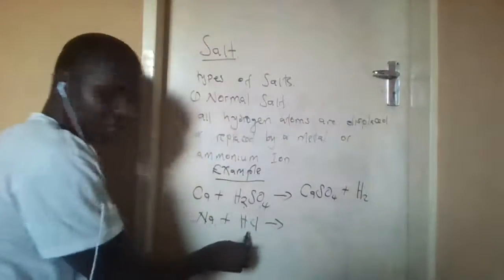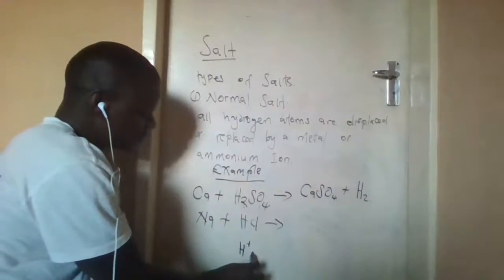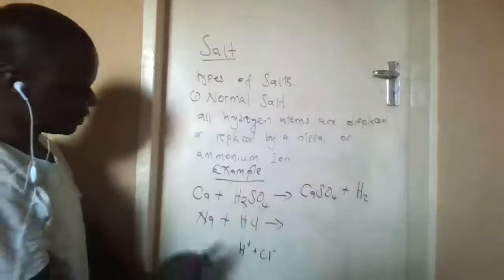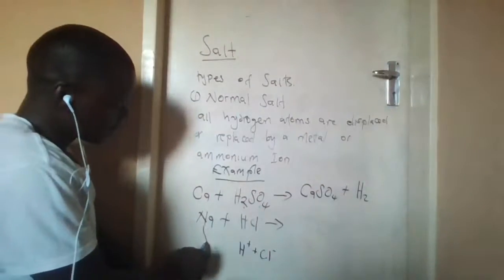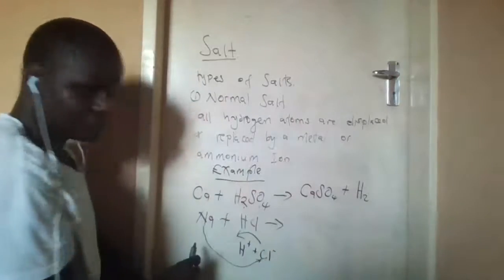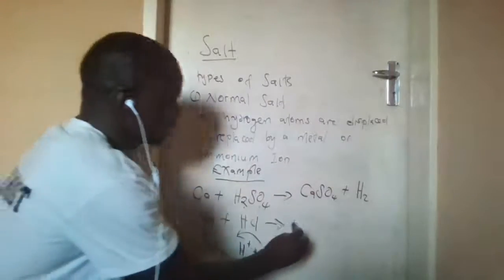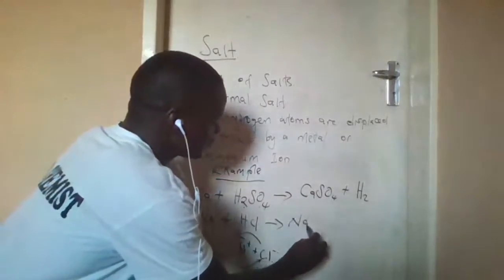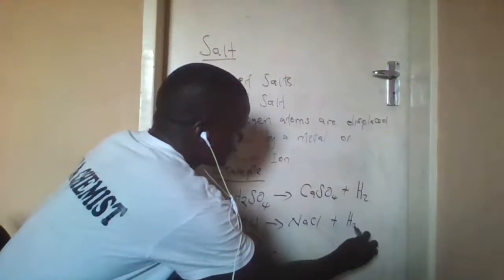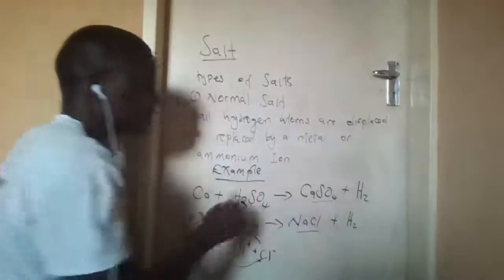Remember, here we've got one ion of hydrogen combined with one chloride ion. The sodium is going to kick the hydrogen out of its compound, and then the sodium will be bonded to chloride to form sodium chloride, plus hydrogen. So these ones are normal salts.